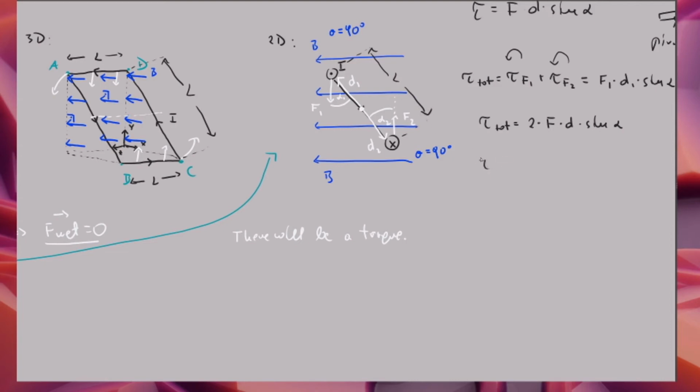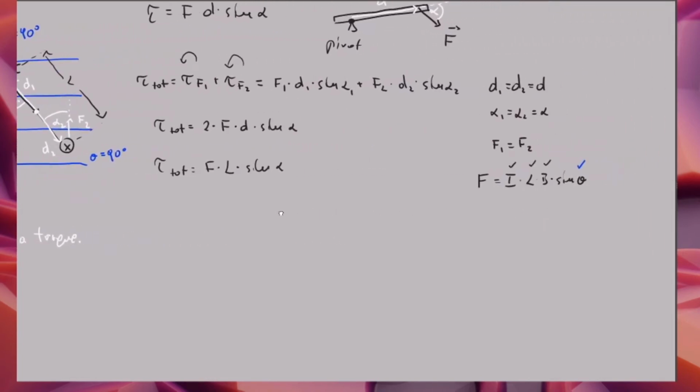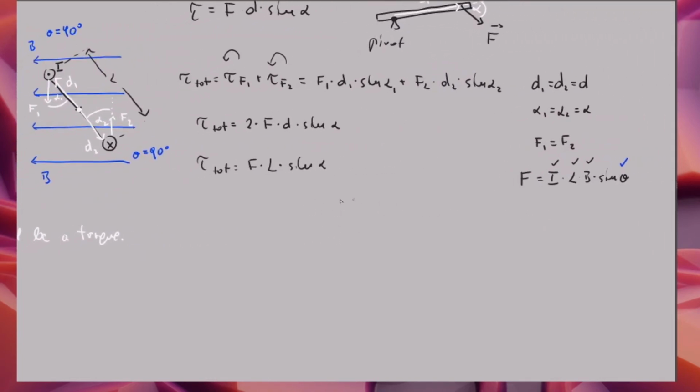And so the total torque is going to be F times L times the sine of the angle alpha. Now let's bring the screen back here. Let's substitute an expression for the magnetic force on the current, and that would just be I times L times B times sine of 90.